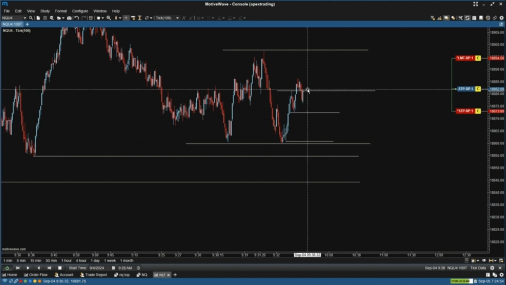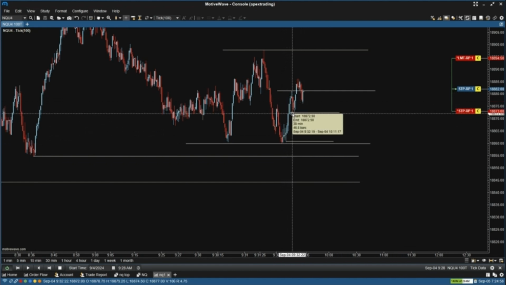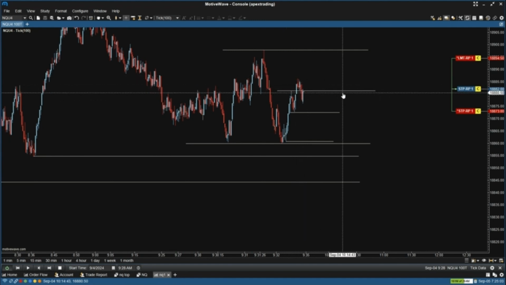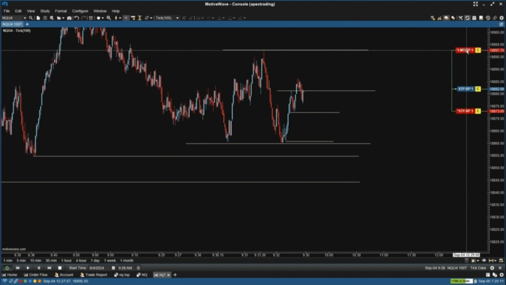So like here, I'm seeing that we are making higher lows and higher highs. That's why I'm interested in the long here. So I'm seeing this area as a target, so I'm probably putting it there.